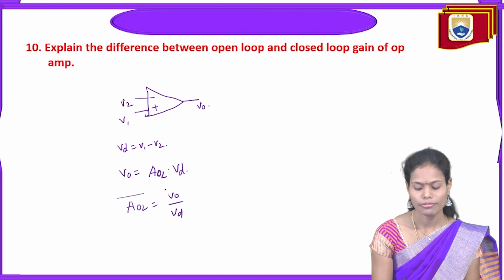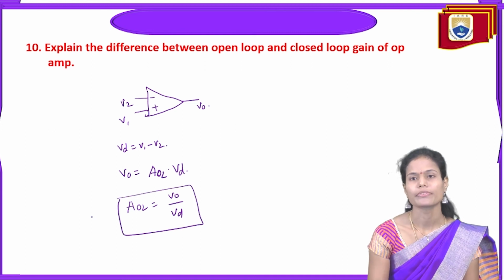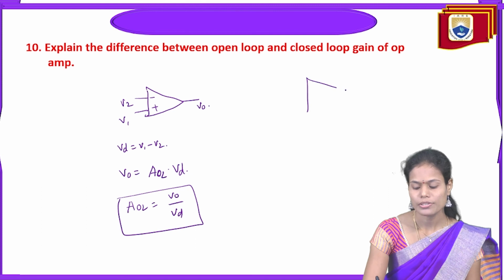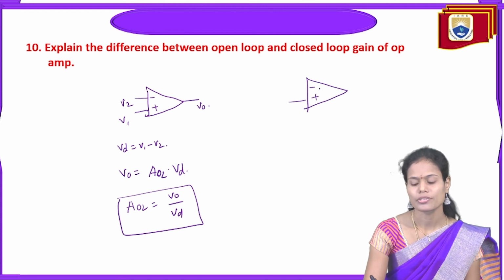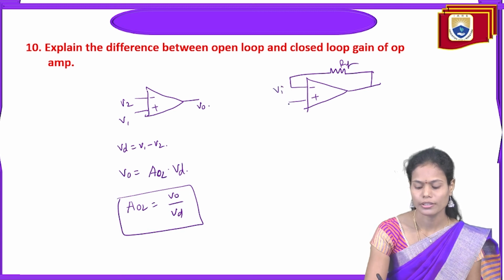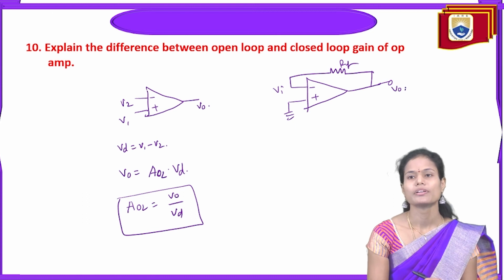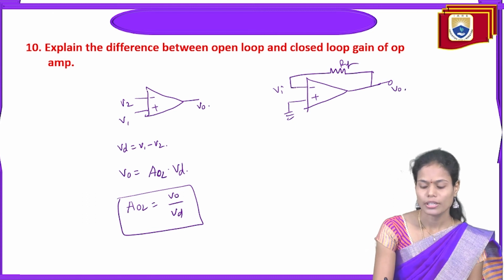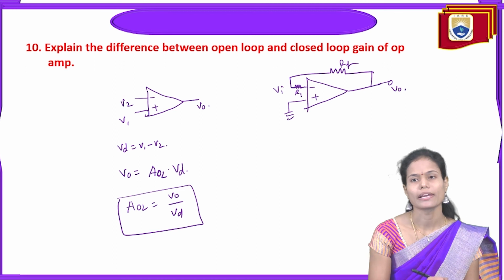And if we take the closed loop gain, we have to provide feedback for the operational amplifier through a particular resistance RF. Suppose I am applying VA here, and this one is grounded. This is the output voltage. We can also take resistance R1 to apply the input voltage.